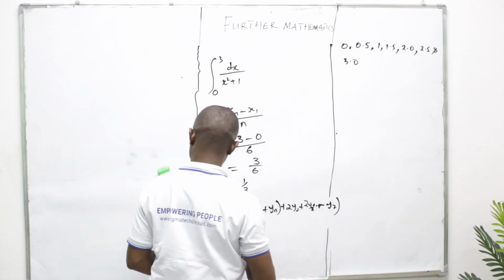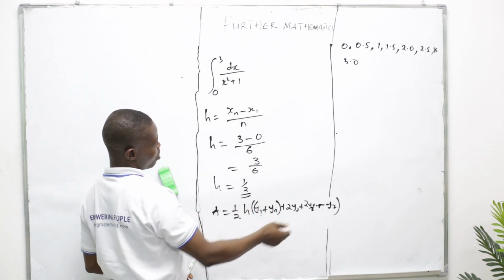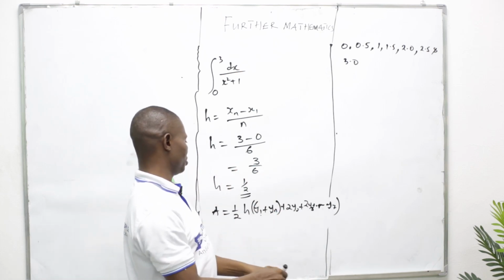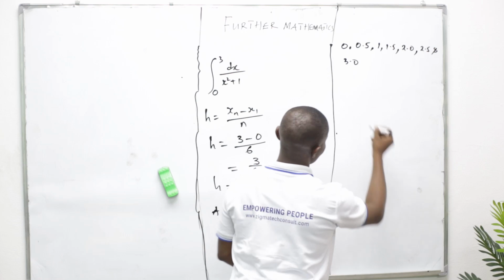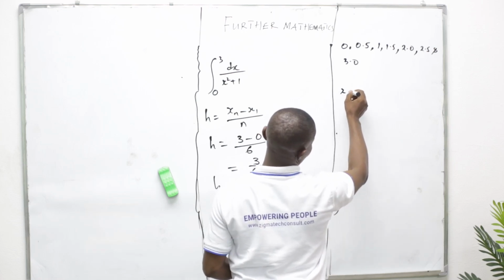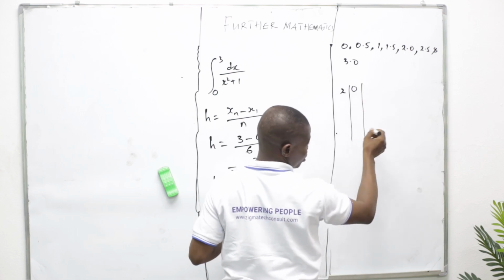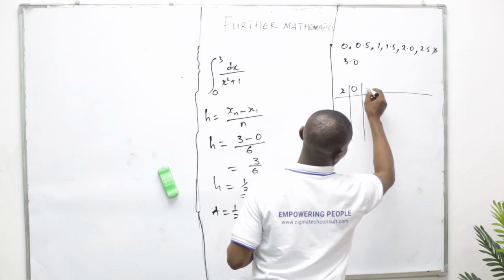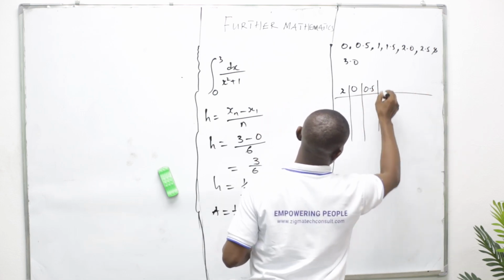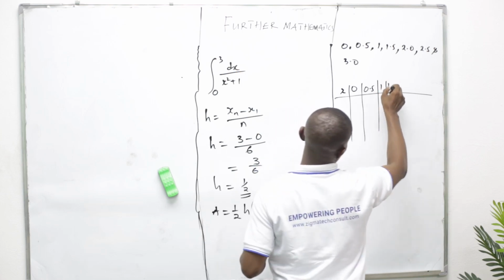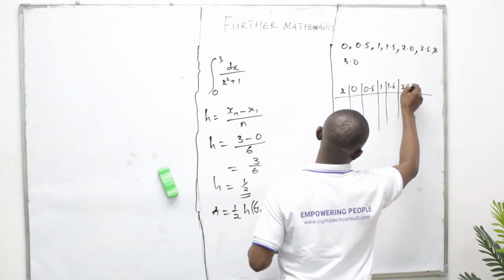Now, bringing it back, remember your table. Look at what I said about the table. This S: the first is 0. That's y1. Second, 0.5. Third, 1. Next, 1.5. Next, 2.0.